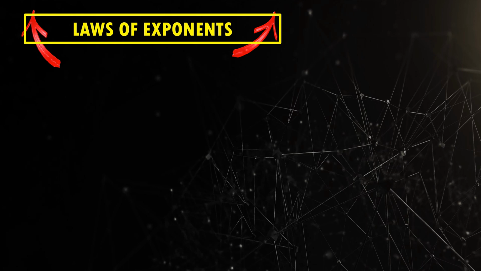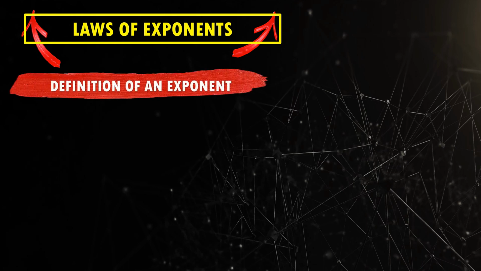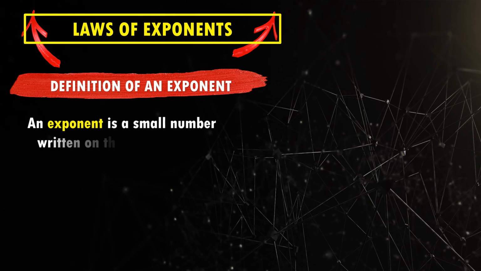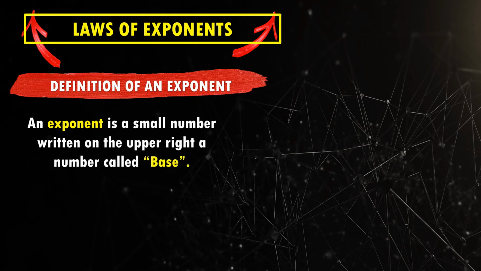First, the law of exponent. So here's the definition of an exponent. An exponent is a small number written on the upper right of a number called the base. So ganito siya kung titingnan natin. Wherein, yung 3 represents the exponent and then yung 5 represents the base.